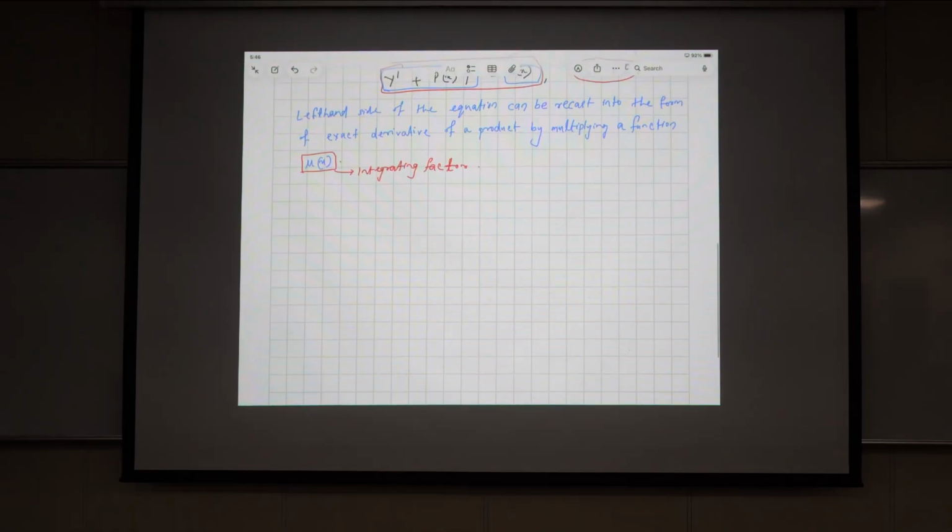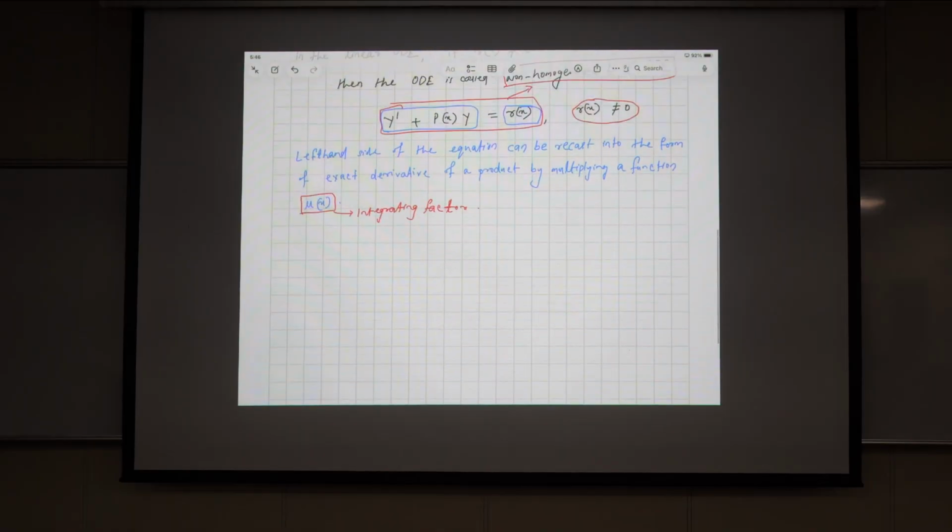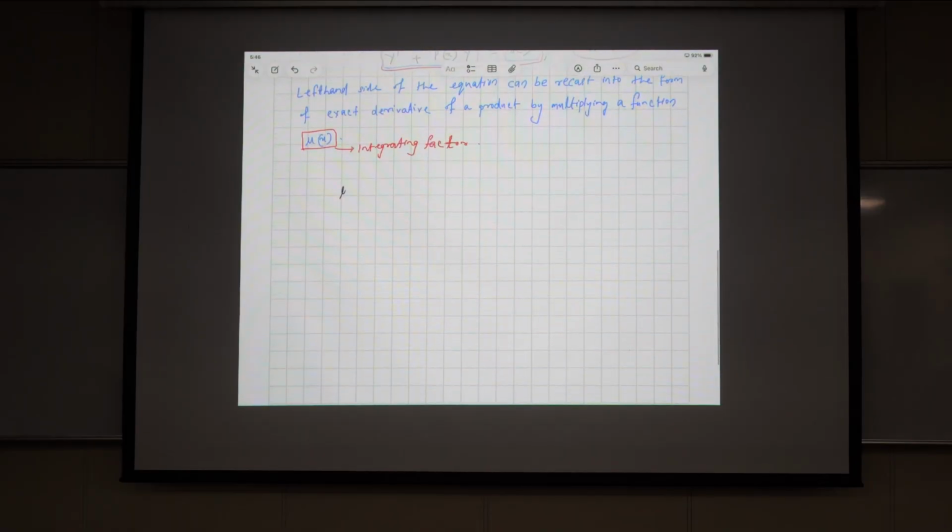That means if I take mu x as the function and multiply with y, then I will find the derivative of this one.